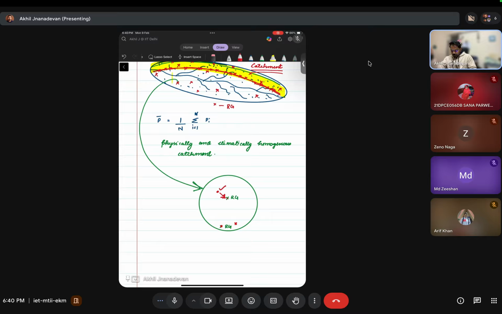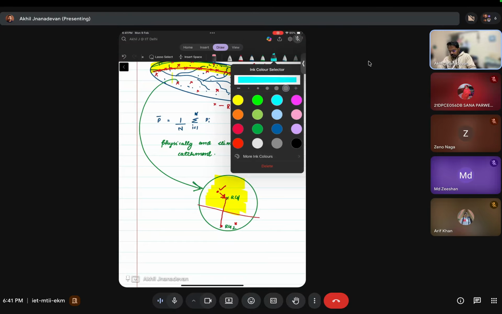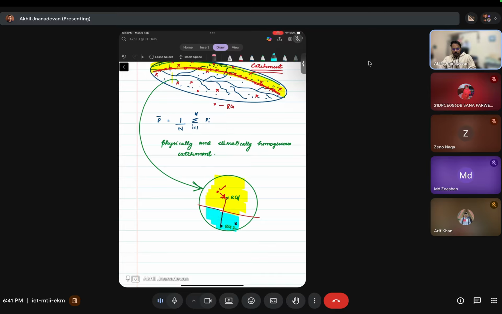If I draw a straight line and divide it by a perpendicular bisector, this much area will take the value of rain gauge 1, and the bottom area will take the value of rain gauge 2.